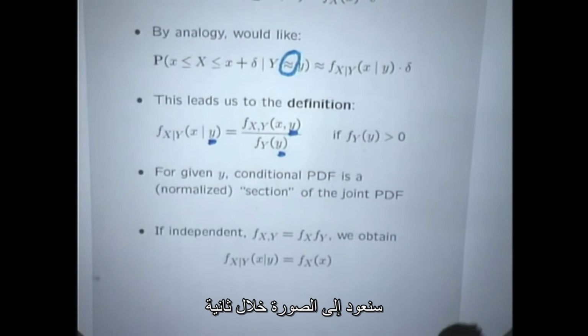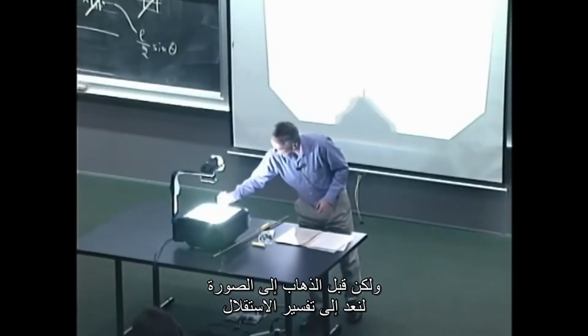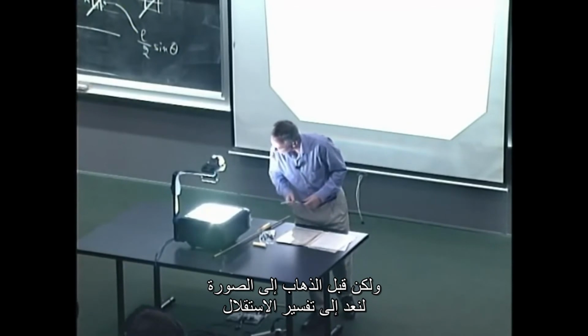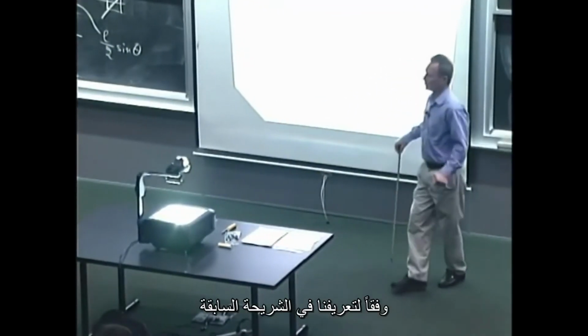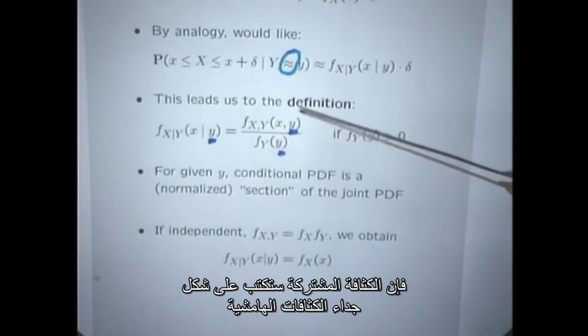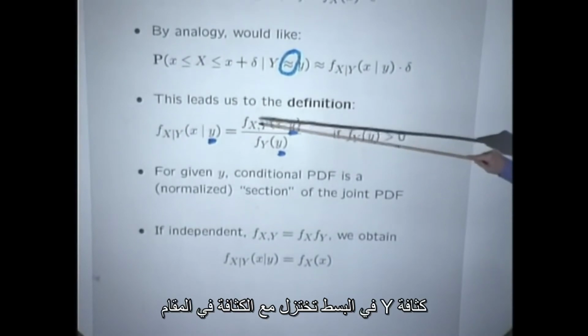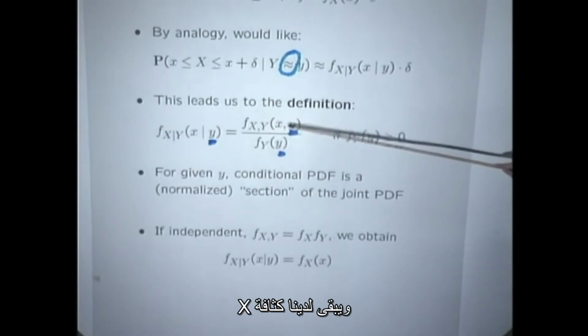We're coming back to a picture in a second, but before going to the picture, let's go back to the interpretation of independence. If the two random variables are independent, according to our definition in the previous slide, the joint density is going to factor as the product of the marginal densities. The density of y in the numerator cancels the density in the denominator, and we're just left with the density of x.